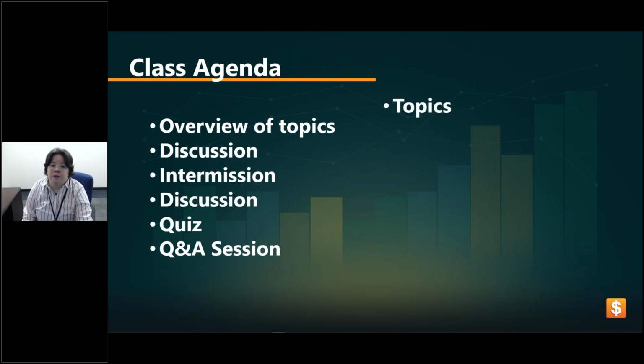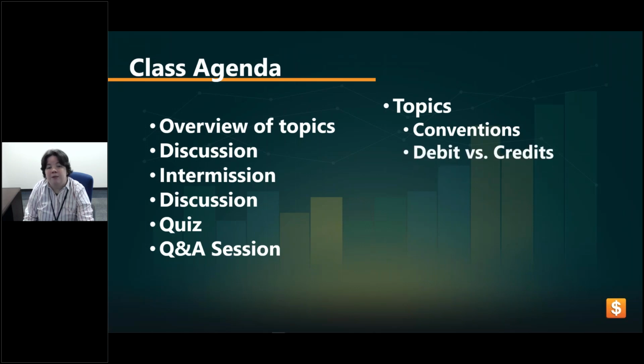We're going to go over a myriad of different topics today, including the conventions and the debit and crediting system with different transactions, including looking at a debit versus credit T-chart, to help you figure out exactly where to put those amounts for different tasks.